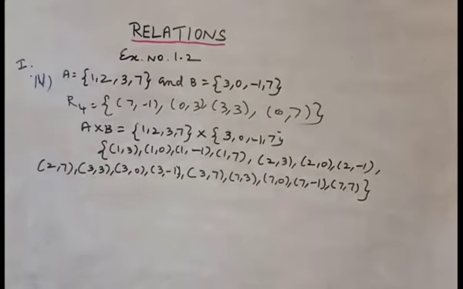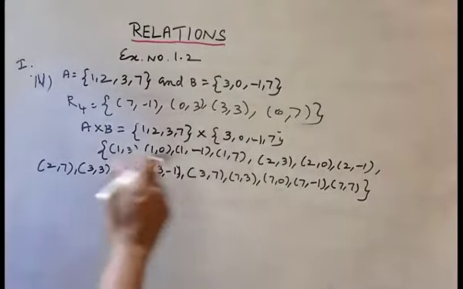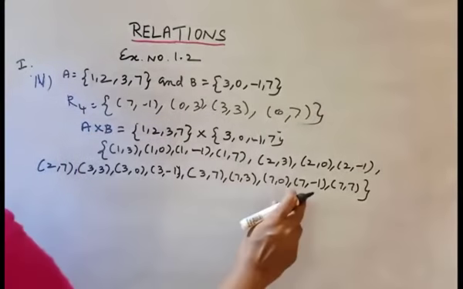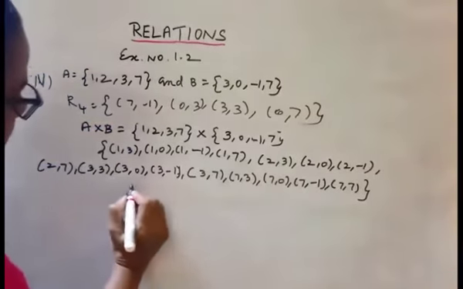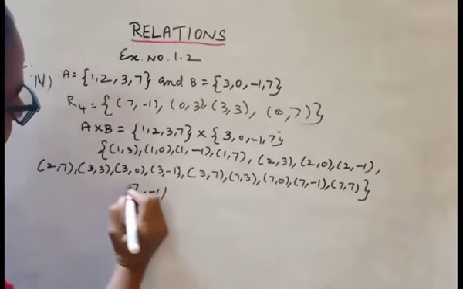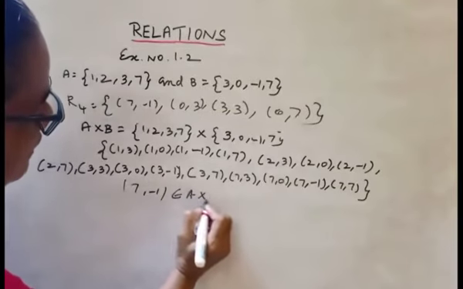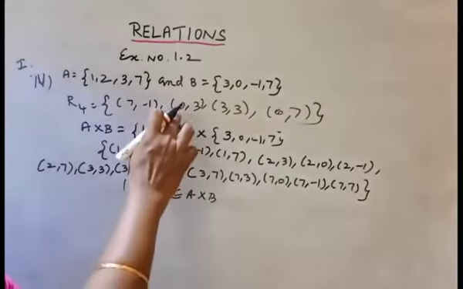Now you see, does (7, -1) belong to A cross B or not? (7, -1) is there, so (7, -1) belongs to A cross B. Next (0, 3).